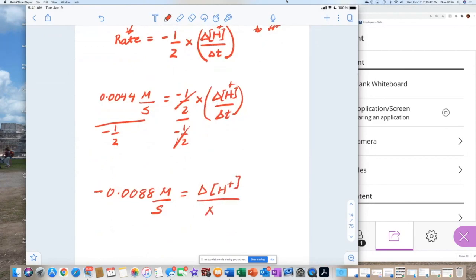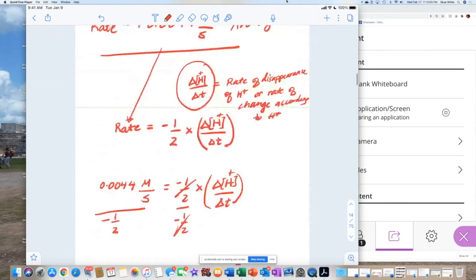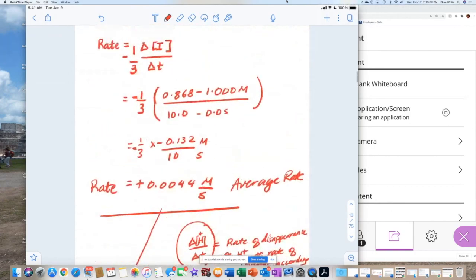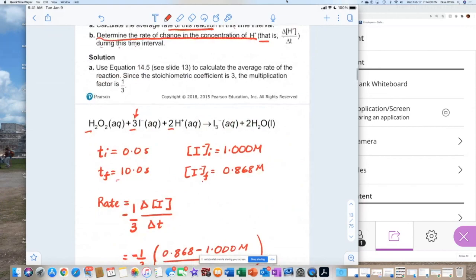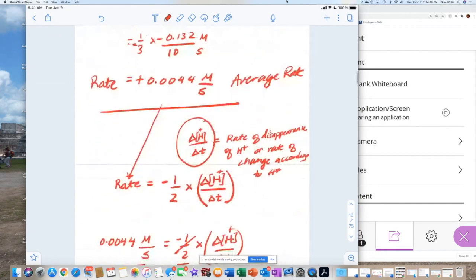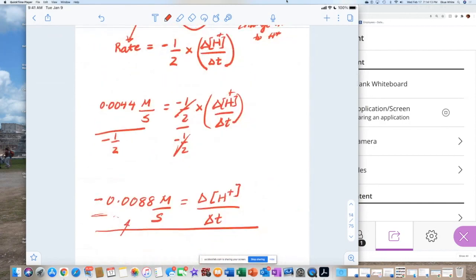So in the same 10 seconds, this is the amount of H+ that reacted, okay? It decreased by that amount. So this is kind of how you can tell each of those reactants. Imagine you're given shapes, right? This is, say, a square, and this is a triangle, and this is a circle. You can show after 10 seconds, the circle amount should be less by this amount right here.